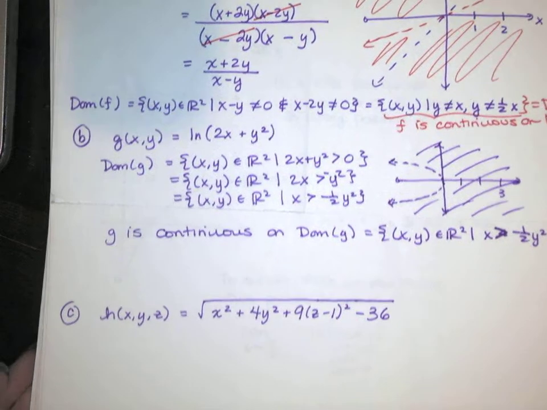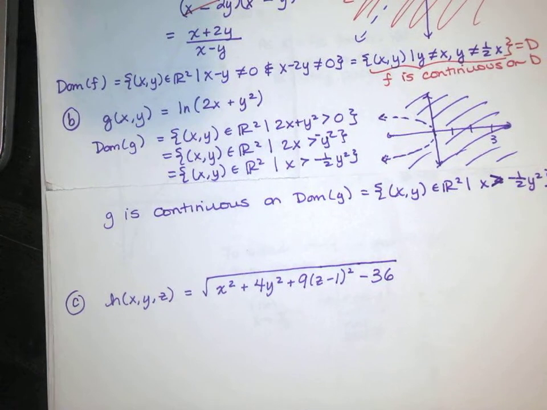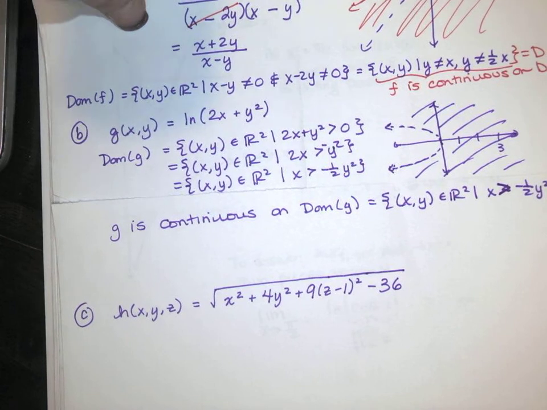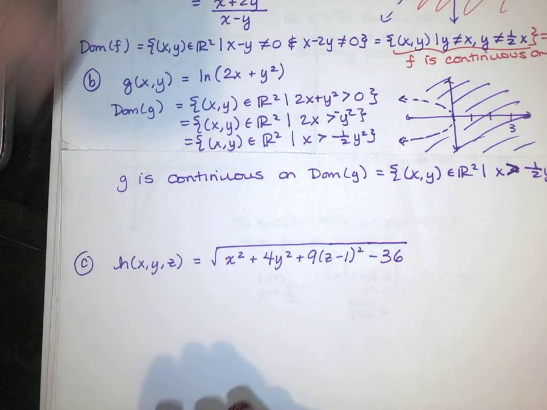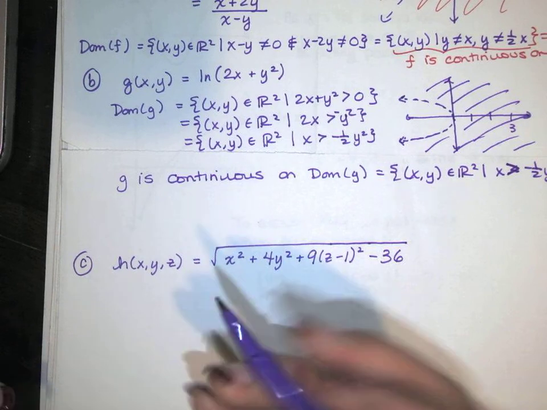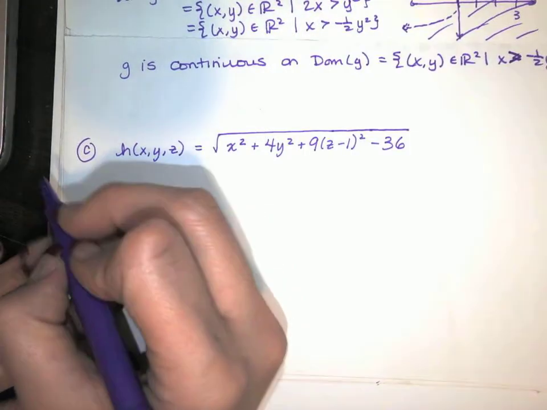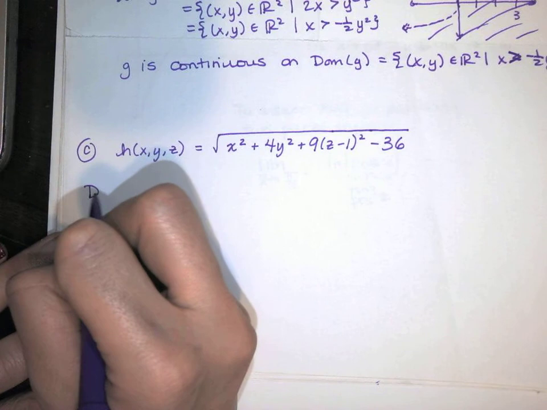Okay, last one. Notice I've got a function of 3 variables this time. With a function of 3 variables, our domain is a subset of 3-dimensional space. So it's going to be some region. Now I've got a root in this one.